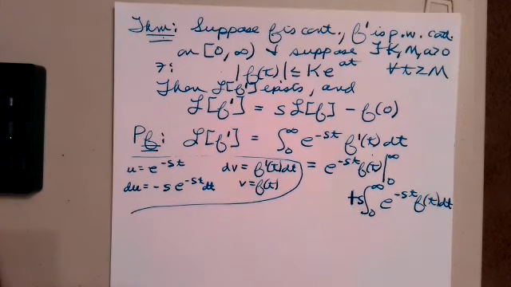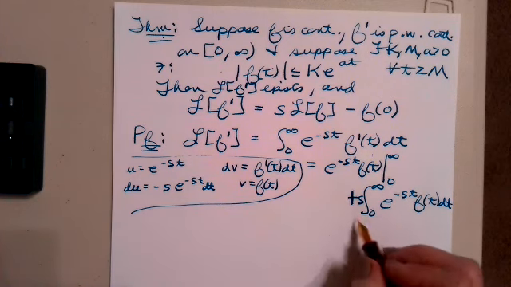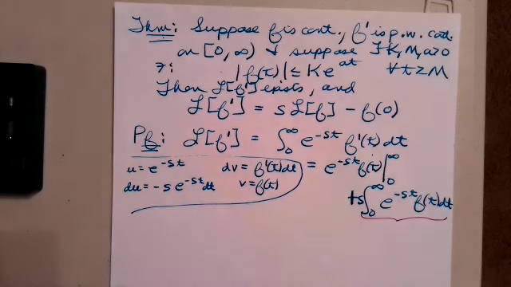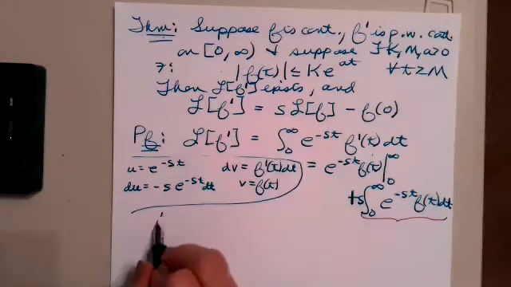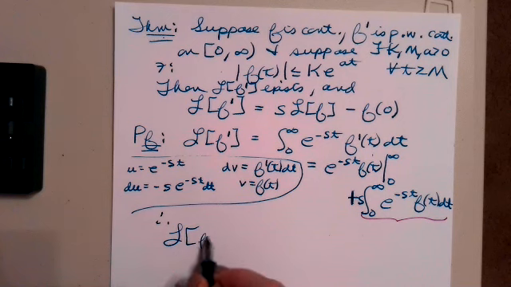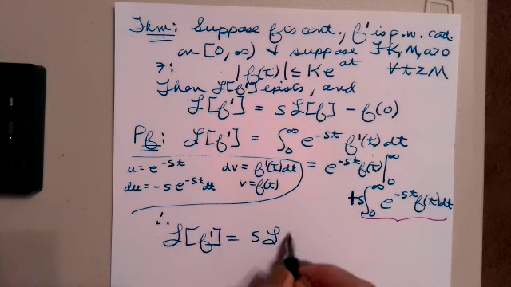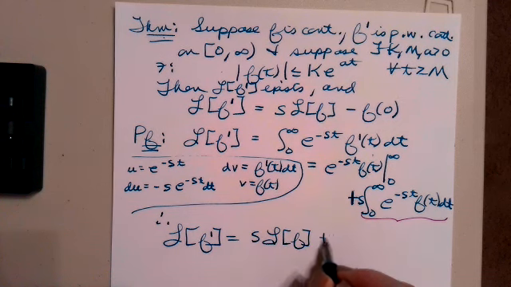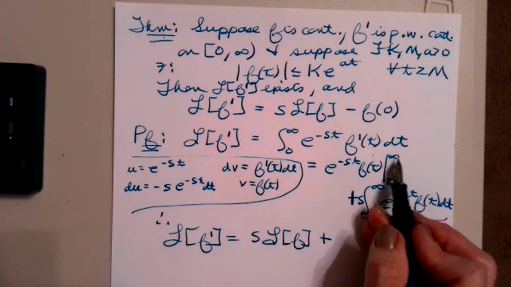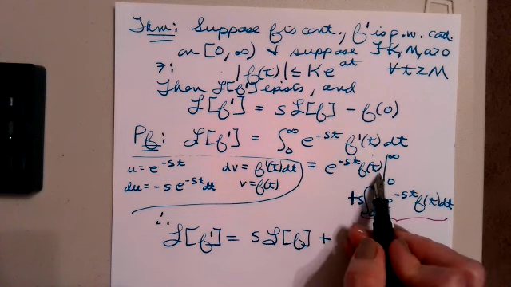Okay. And now stare at this for a minute. This integral is the Laplace transform of f. So far this is equal to the Laplace transform of f prime is equal to, this piece is s times the Laplace transform of f, plus, now as t goes to infinity, what happens to this thing?